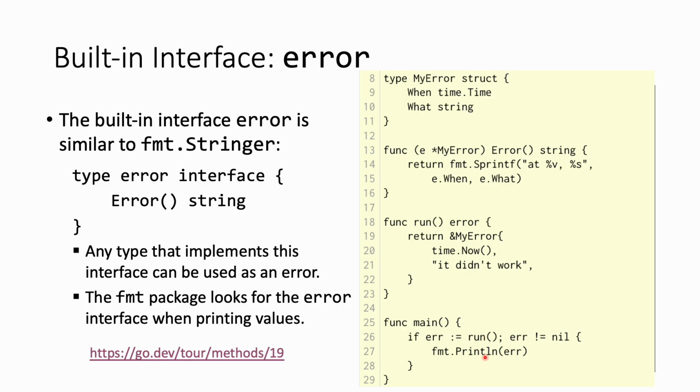For example, when we call function run and print out the error value it returned, the fmt package looks for the method Error of the underlying error value. In this case, it is the method Error of MyError struct. So fmt.Println of r will display the current time and the string "it didn't work".